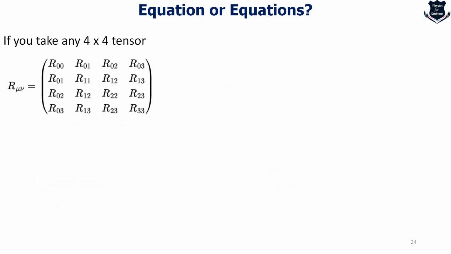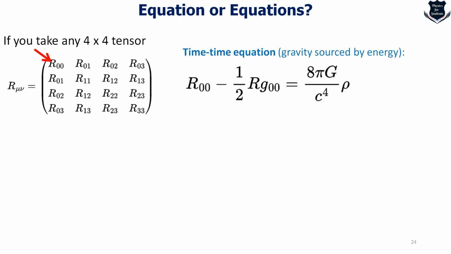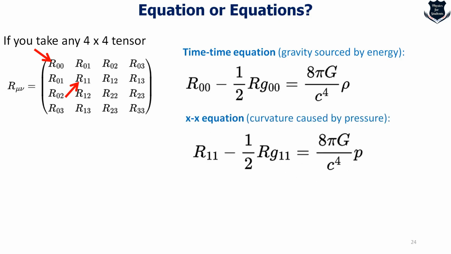And in order to know how these equations form, if you take any 4x4 symmetric tensor, then here you can get R00. I'm just saying abruptly, this might be wrong, you get one equation which is the time equation. Now you take another, R11, and what you get is the XX equation.